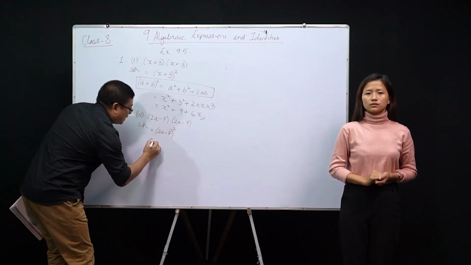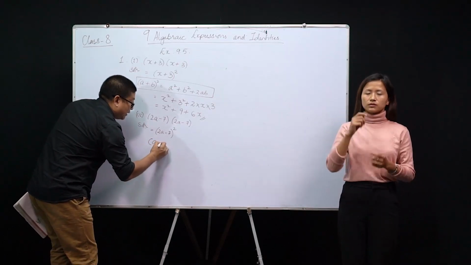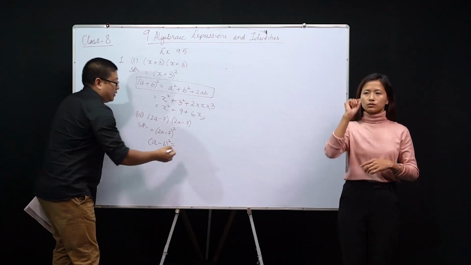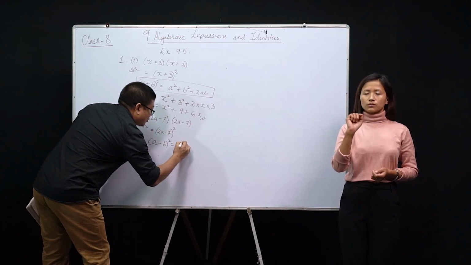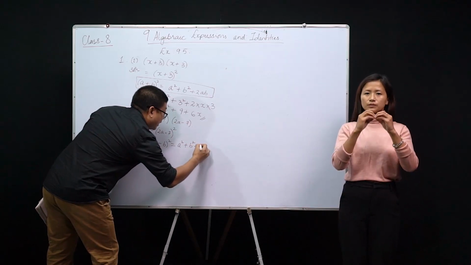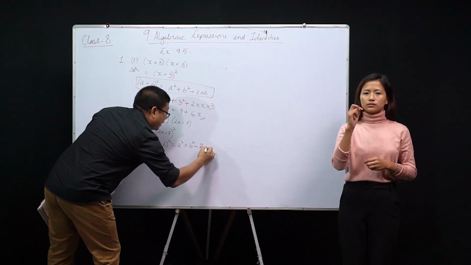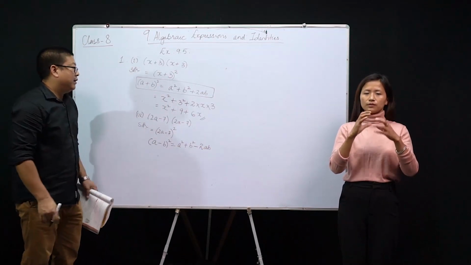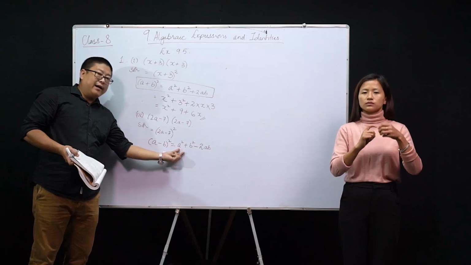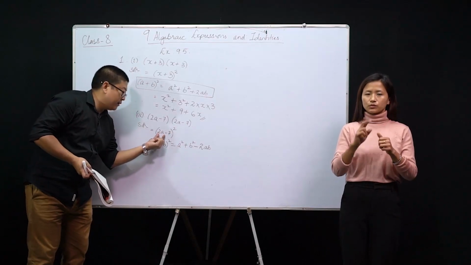Now, we have already learned about this expression, (a minus b) the whole square is equal to a square plus b square minus 2ab. Same as the first question. In place of a, now I will write 2a.